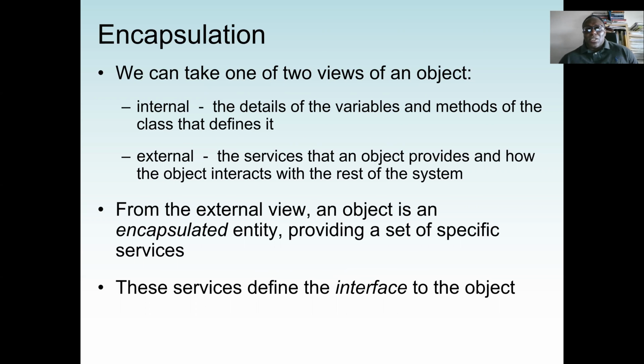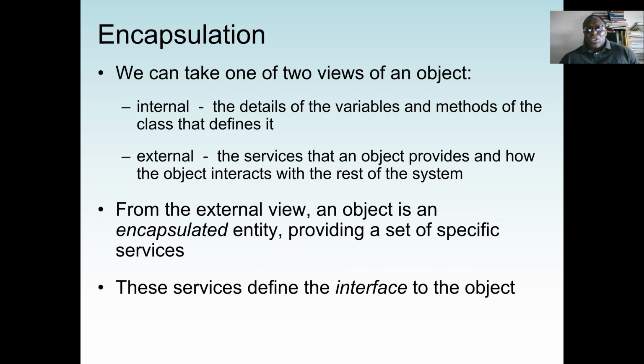The whole concept here is that we know what an object is from our previous class, which is an instance of a class. An object always consists of two items, the variables and also the methods. So when we discuss the internal view of an object, it means the characteristics and also the behavior of the object.